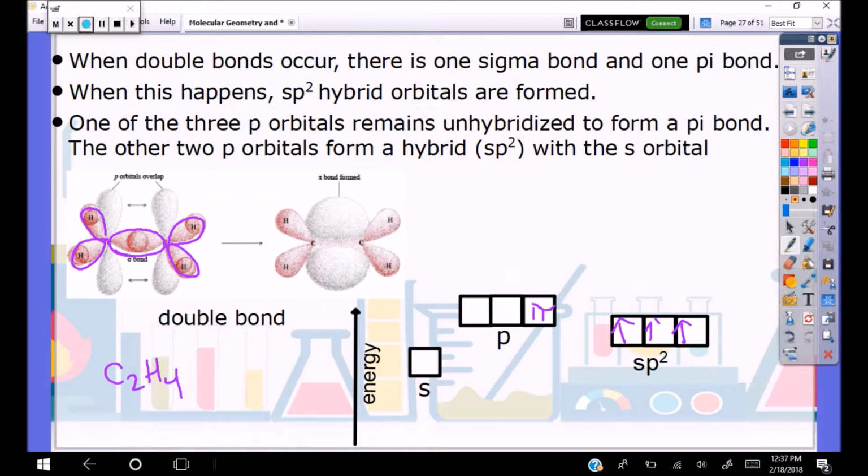So if we were to think about it this way, this particular carbon is sp2 hybridized because it can form 3 bonds, and this particular carbon is sp2 hybridized because it can form 3 bonds. What happens is that the pi orbitals remain unhybridized, and when they get that overlap, it takes up one of our p orbitals. Okay.